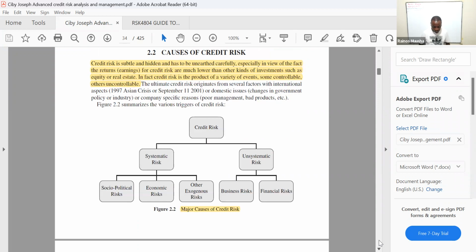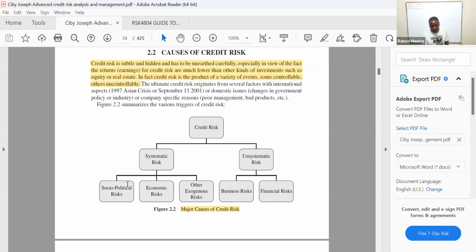When we look at the major causes of credit risk, they can be systematic risk or unsystematic risk. Systematic risk is basically the risks that are not within the control of the organization.